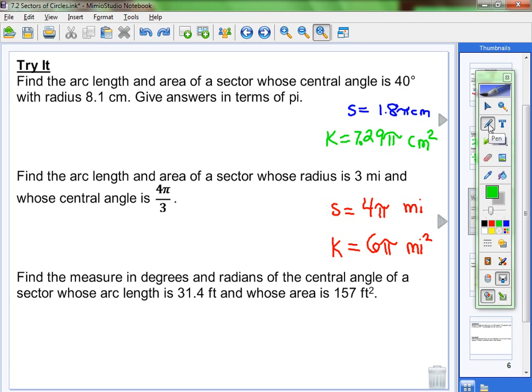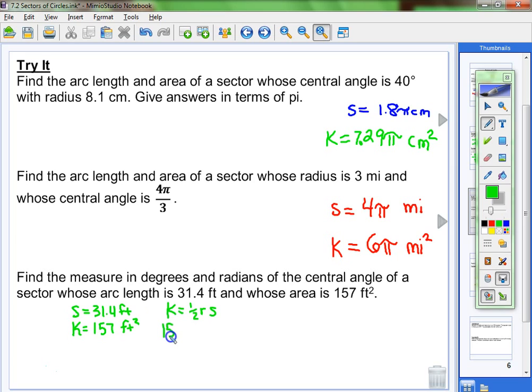Find the measure in degrees and radians of the central angle of a sector whose arc length is 31.4 feet, so S is 31.4 feet, and whose area is 157 feet squared. Well, we just did an example like this, so we know we have to find area first. Area equals half times the radius times the arc length.